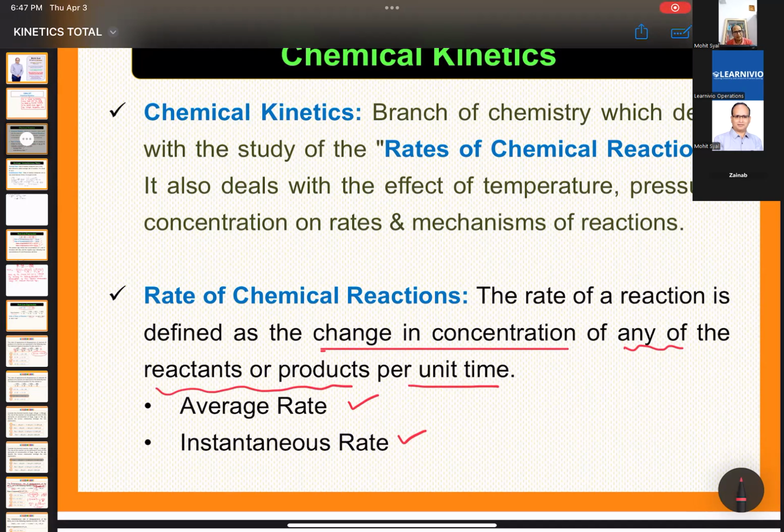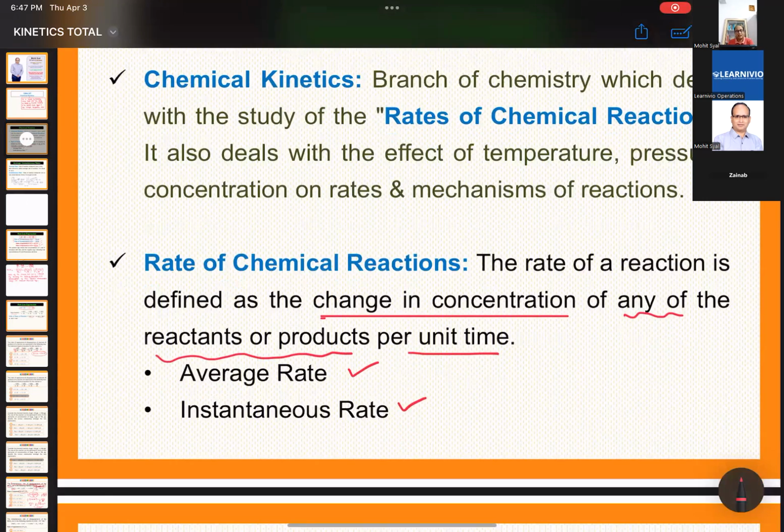It is just like traveling in a car: to measure the speed, we measure the rate of change of distance, how the distance is changing with respect to time. For a chemical reaction, it is the rate of change of concentration with respect to time.